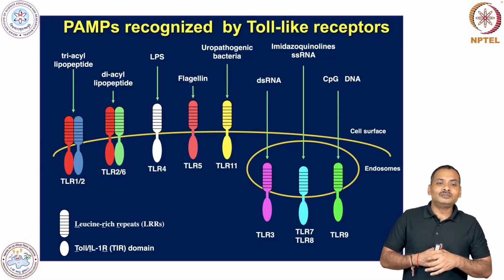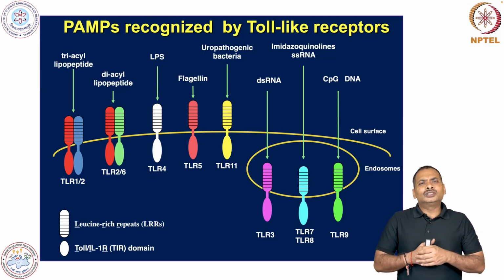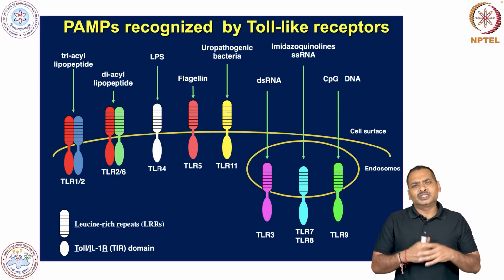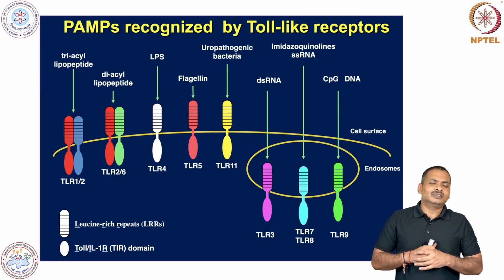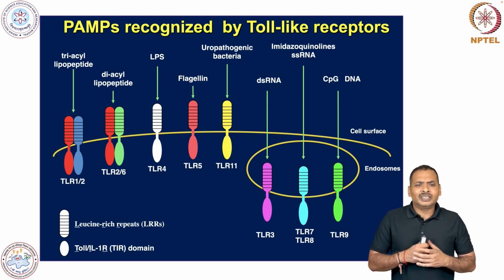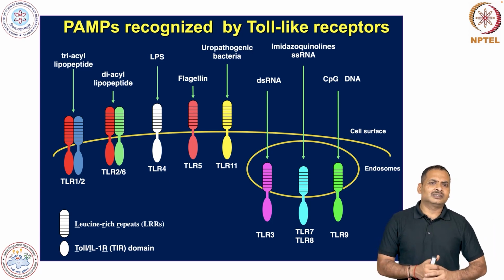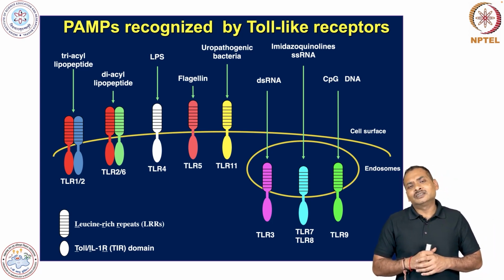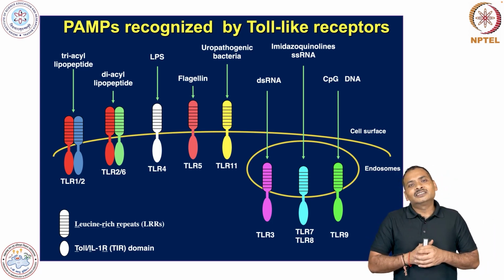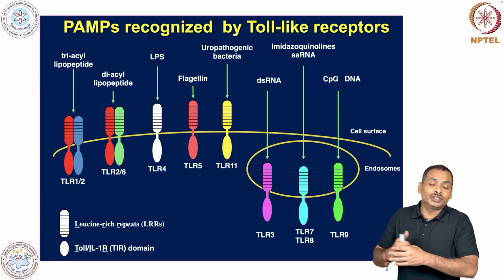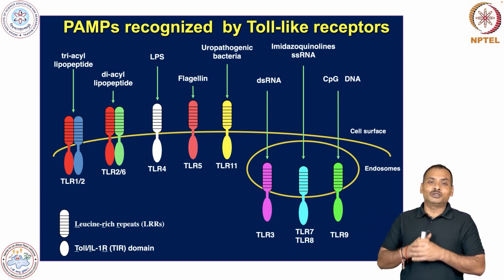Now I will talk to you about the PAMPs recognized by TLR. If you see the TLRs, then you can find out that these TLRs can sense various biomolecules derived from the microbial pathogen.